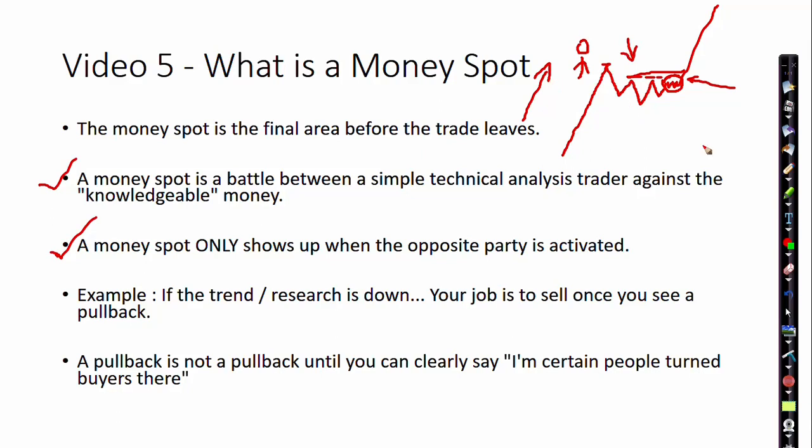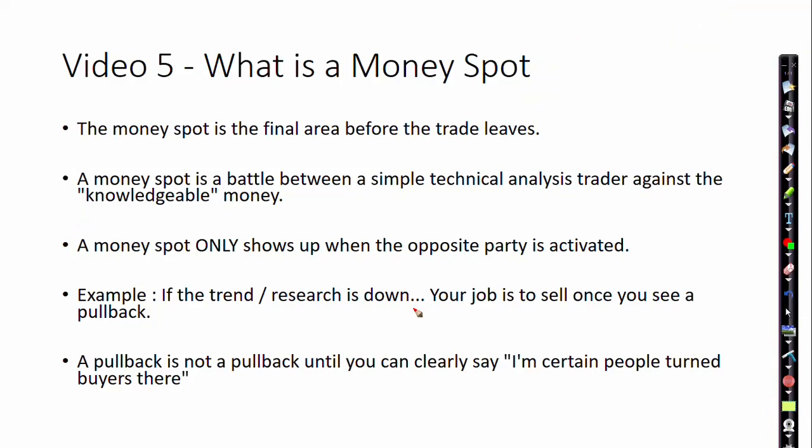And when this big money is activated, at that time the money spot forms, because retail traders are selling and the big boys are taking it. So when it happens, the market becomes sideways. So this area is called a money spot. After that, price moves violently from that area.